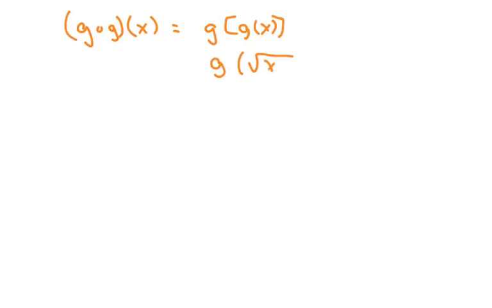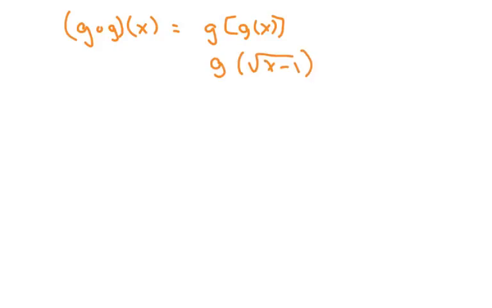And the last one we have is g of g. So this is basically g of x, and so we're going to have g of the square root of x minus 1.